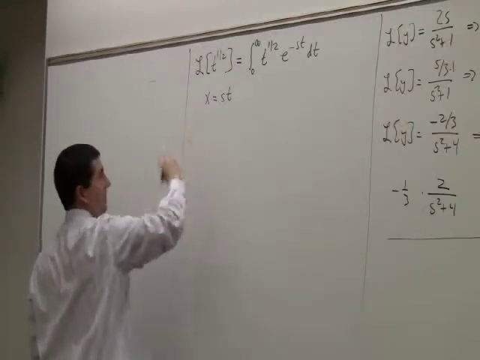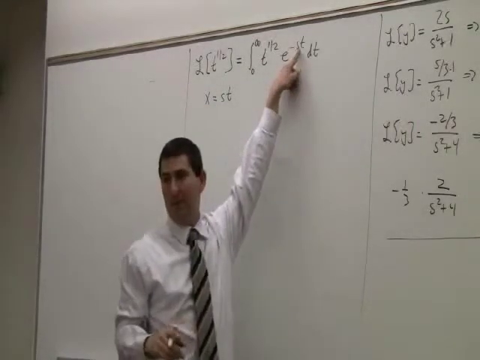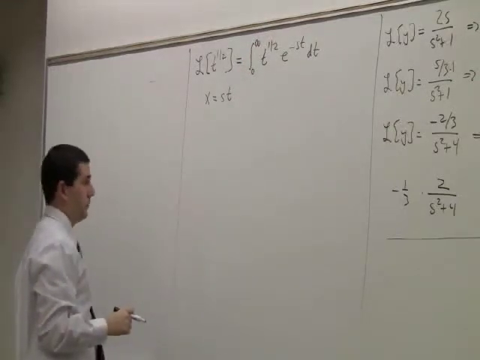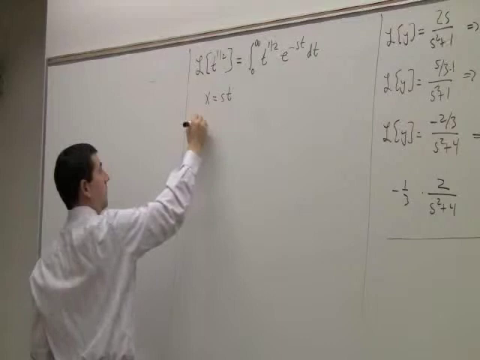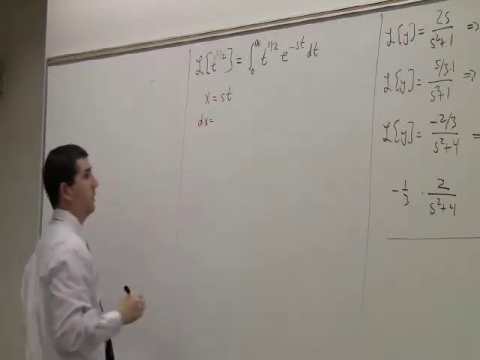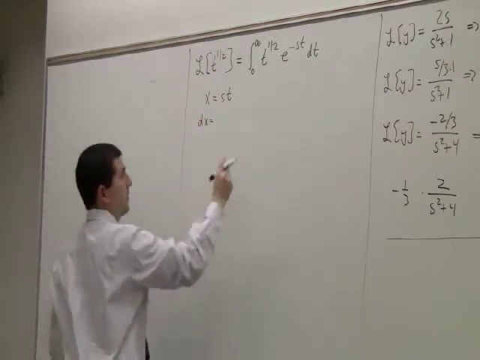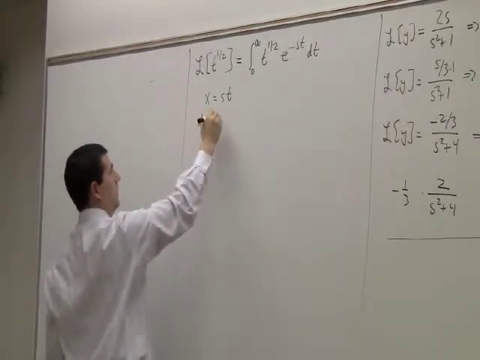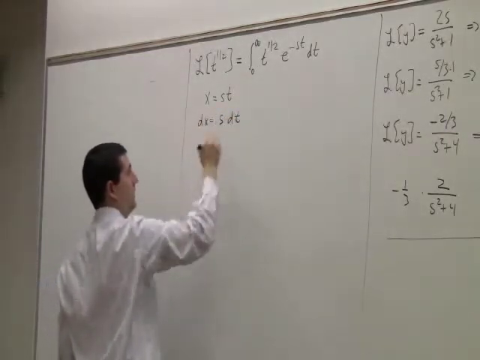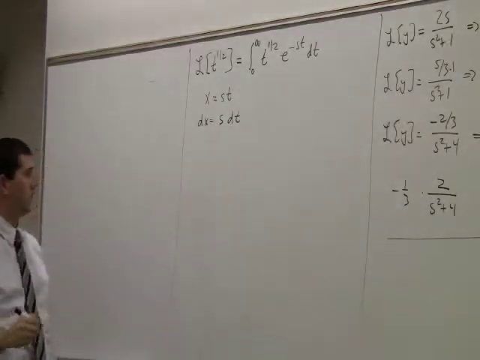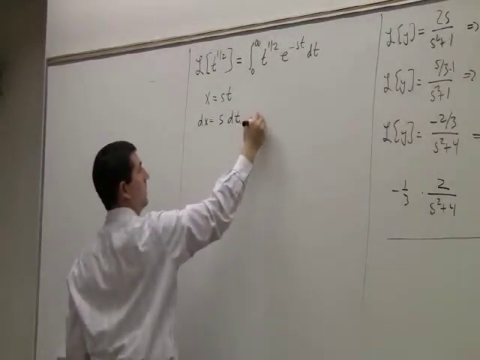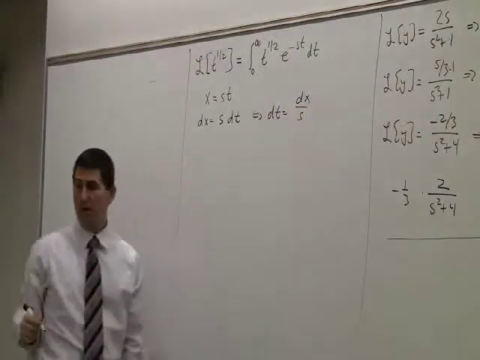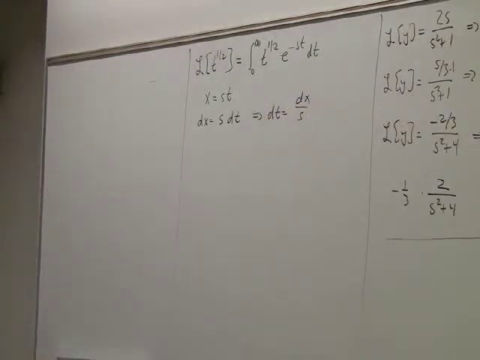So I'll try x equals st. If x equals st, then of course dx is going to be, remember we're doing things with respect to t, so this will be s dt. Or if you like, dt is dx over s.